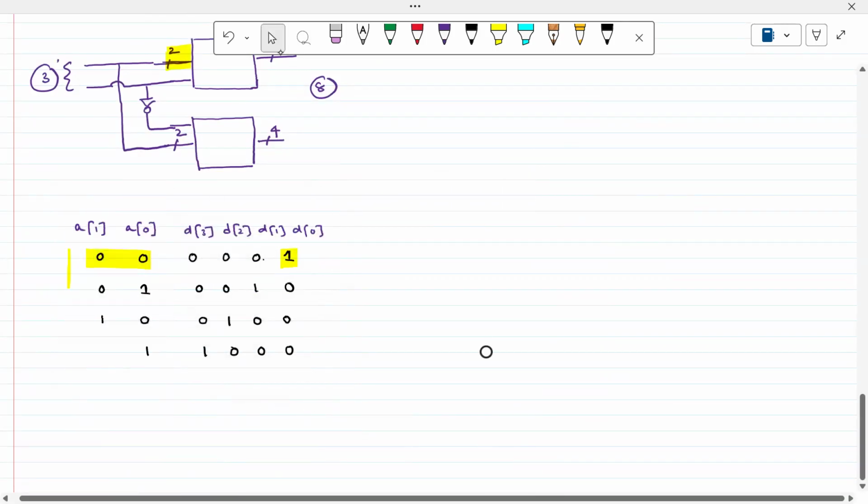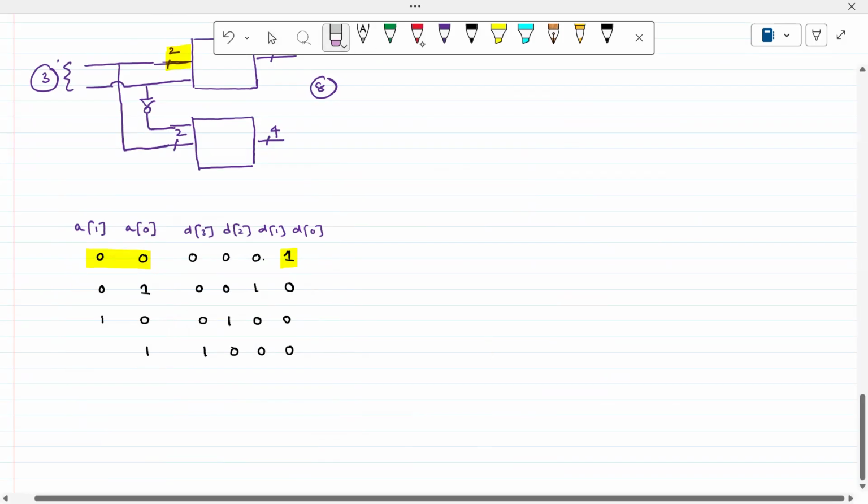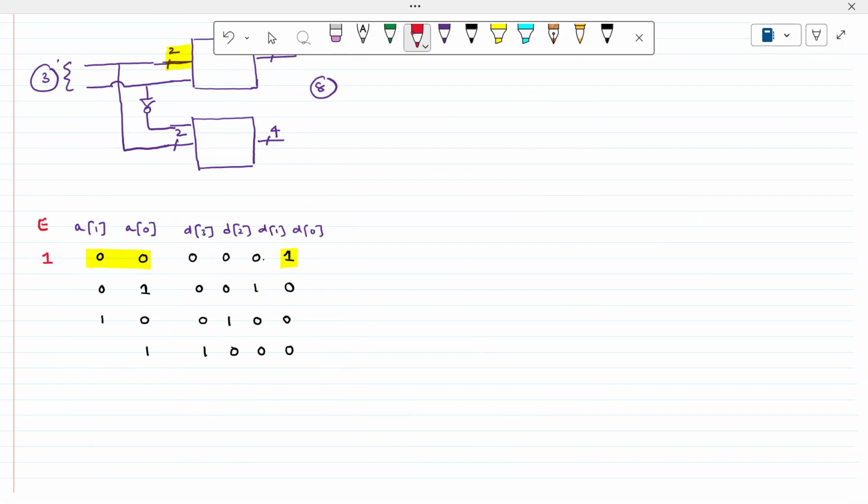See, look at this one. This is what the enable signal means. If the enable signal is 1, then whatever input signals you apply will show you the output.